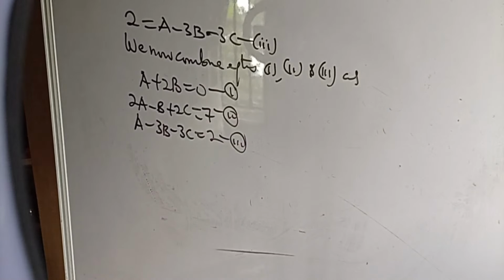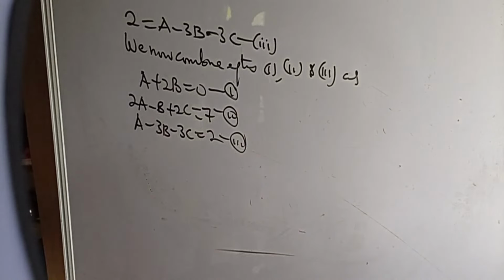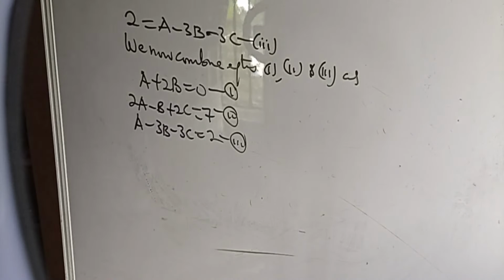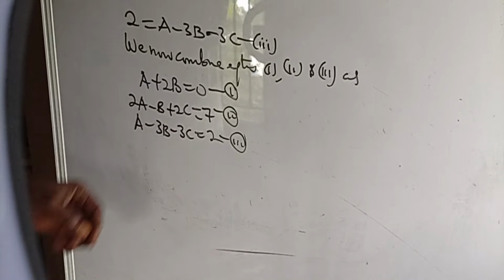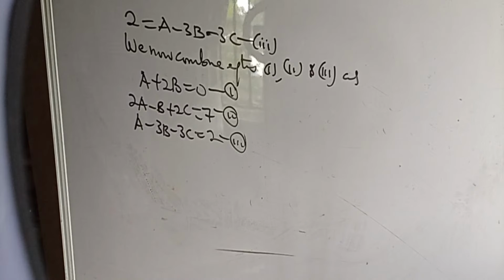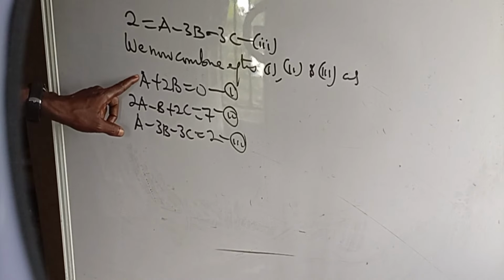Now, if you look at these equations, they are interesting equations. Anyway, let's first of all combine. There are ways of doing it. In equation 1, there's no c. So you can pick it up this way.